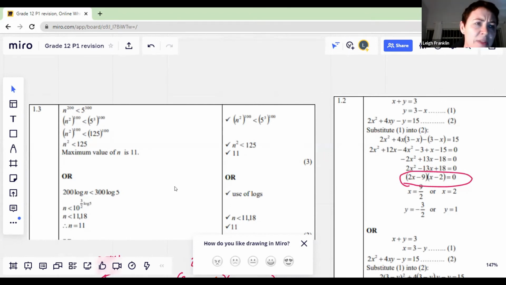It should give you something like 11,18 something. You can just check that now. So it means that n squared has to be smaller than 125, which then means that you'd end up with, yeah, it is 11,18. And then the next smallest integer would be 11. Does that make sense?